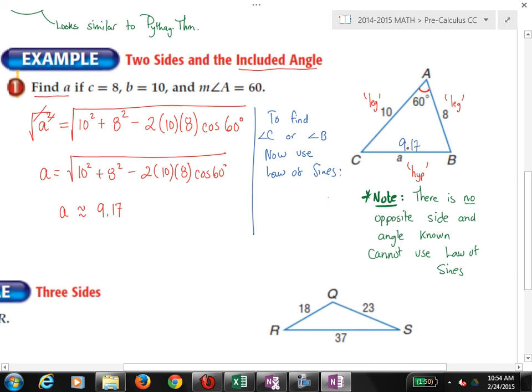So it's not like you have to do law of cosines every single time. But right here, now I have that opposite side and opposite angle. So now I could say sine of 60 degrees over 9.17 is equivalent to, and then you can choose either one. If I want to solve for angle C, I could say sine of C over 8, and then of course just cross multiply, solve for C like we did on the other one.